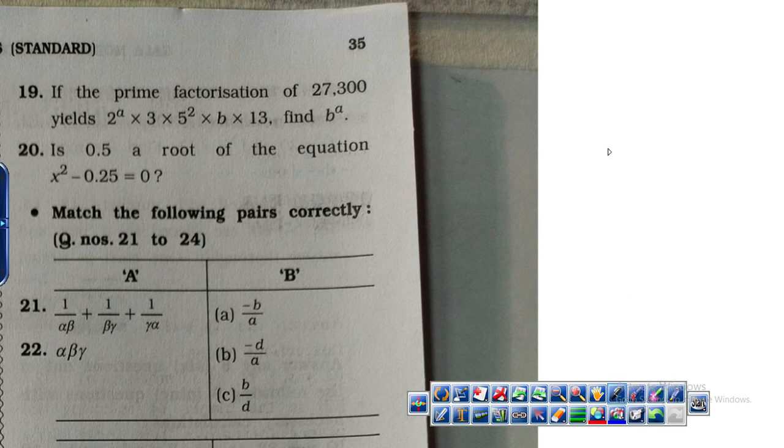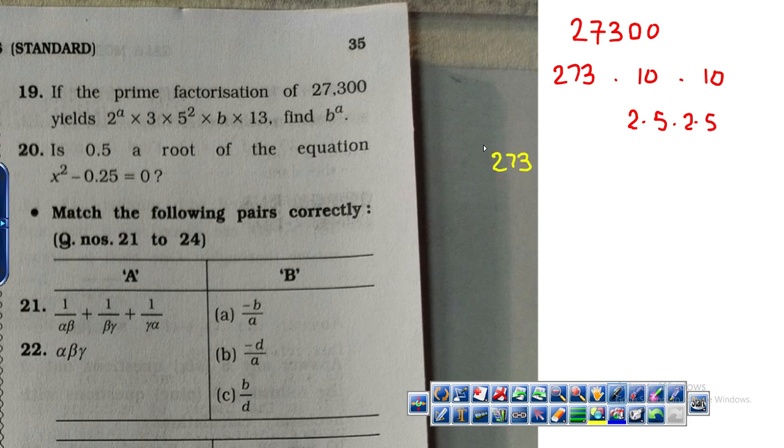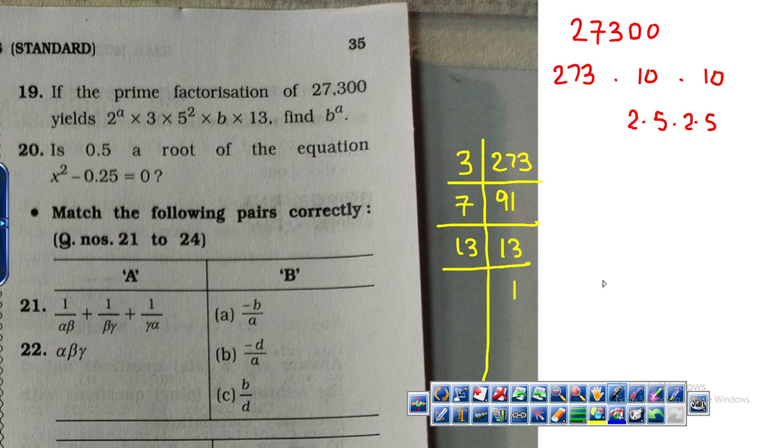You have to be smart about this. 27,300 को फैक्टराइज करने के लिए 273 इंटू 100 अलग कर लो. 10 is 2 5, 10 is 2 5, all you have to worry about is 273. इसके अंदर निकला 3 7 और 13.